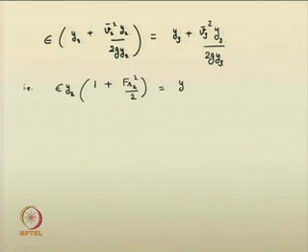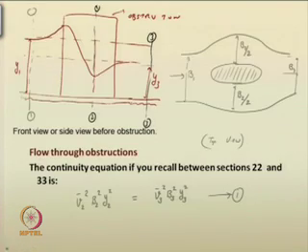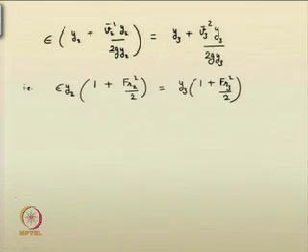So, this is y3 into (1 plus Fr3 squared by 2). Recall the previous step, this particular portion. So, the same thing we have incorporated there.